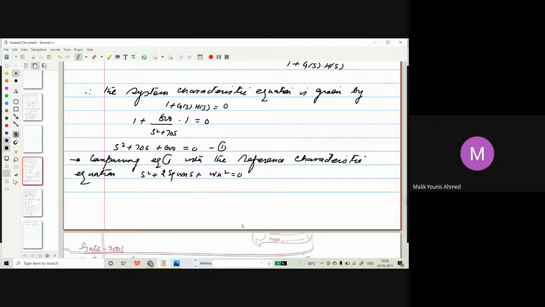Okay. So if we compare it, omega n square is equal to 600 and 2 xi omega n will be 70.